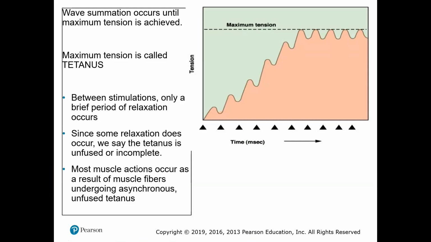Every time we stimulate the muscle cell with an action potential, we cause more calcium to leave the sarcoplasmic reticulum, flooding into the sarcoplasm, finding the additional calcium that's already there. So we expose more and more binding sites on the actin. So the myosins have more and more places to form cross bridges, and we get stronger and stronger contractions.